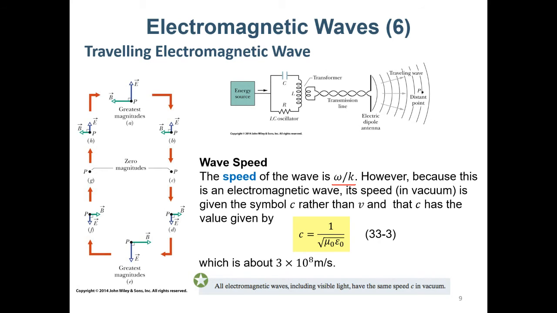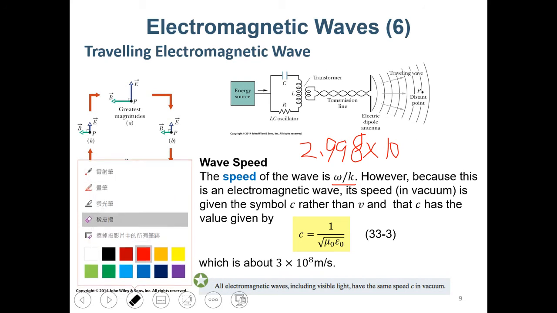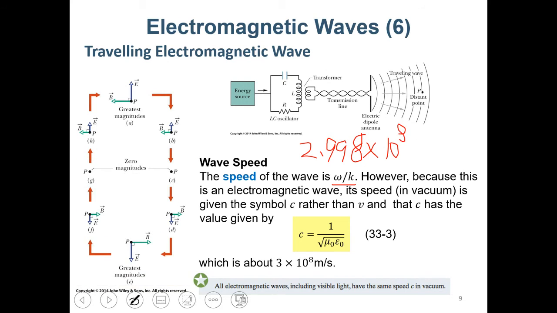In chapter 37, in relativity, we sometimes will use 2.998 times 10 to the 8 to represent the speed of light.